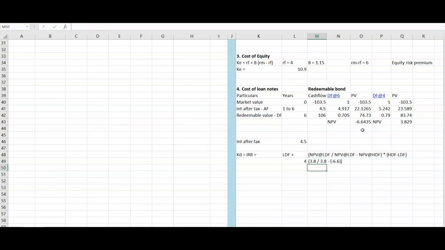So enter, you will get an answer, and then you have to multiply these numbers. High discount factor is here, this comes to 6 minus 4. So we got the numbers here. Now we'll calculate.